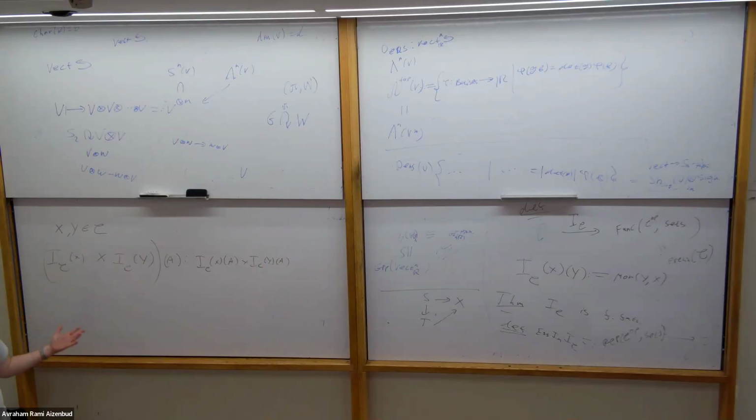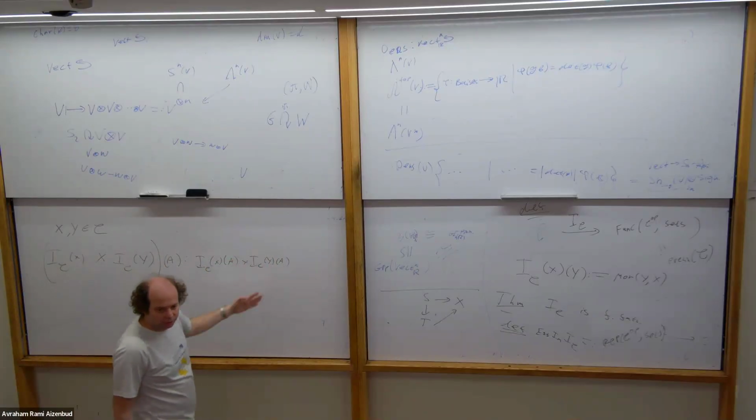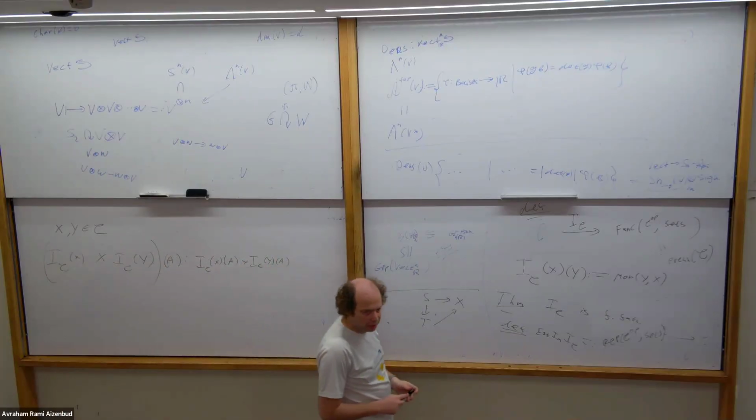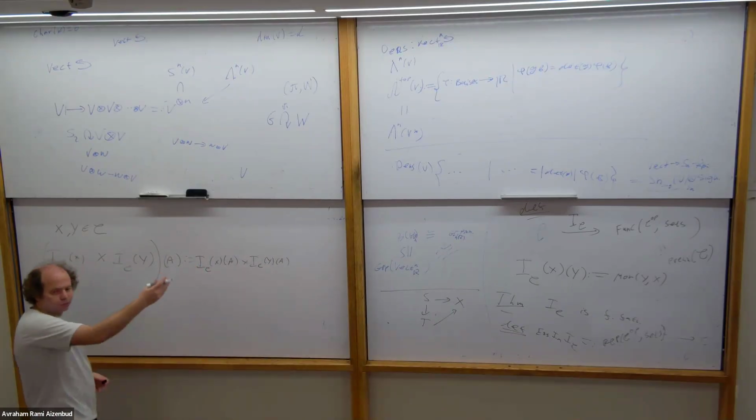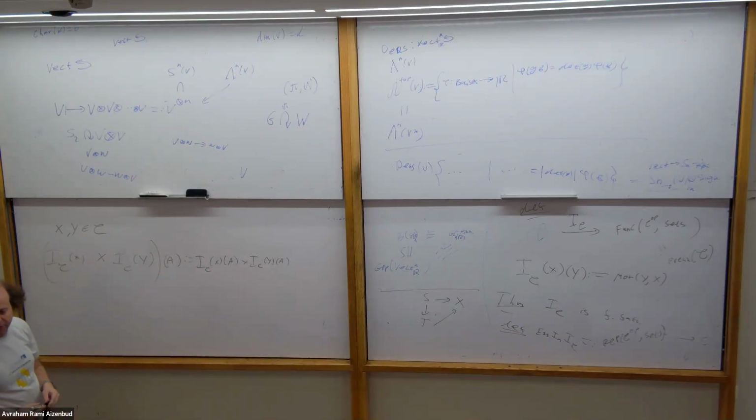And so I know what is the product of sets, so I can define the product of functors with values in sets, acting in the same way. Now I get a new functor. Maybe it's representable, maybe not. If it is representable, it's representable by some object.